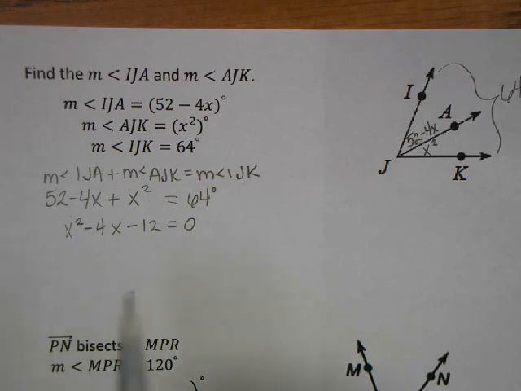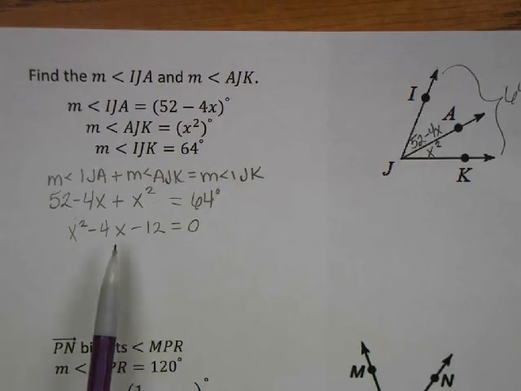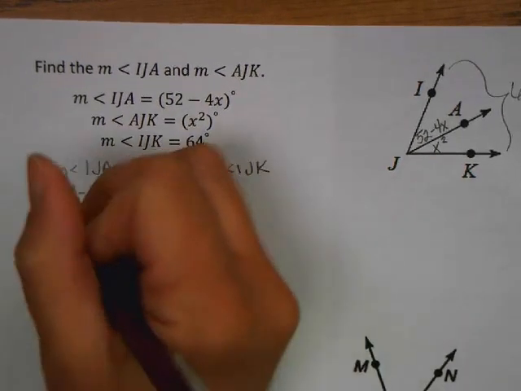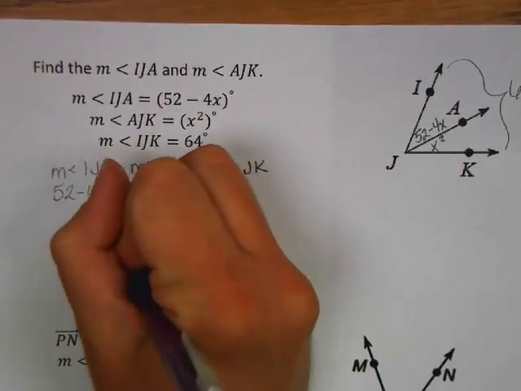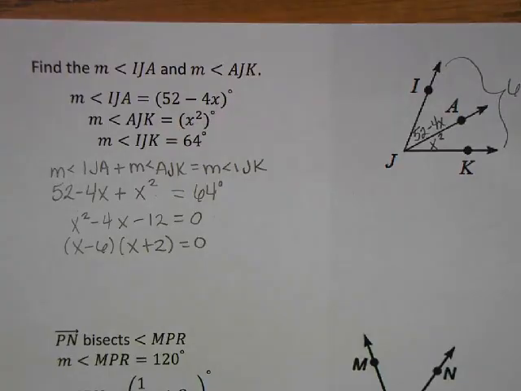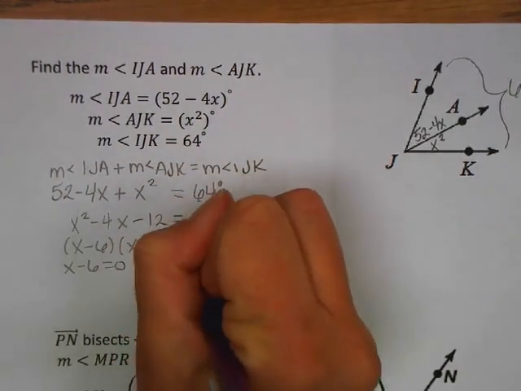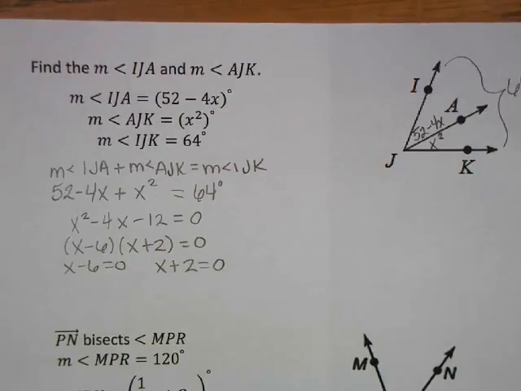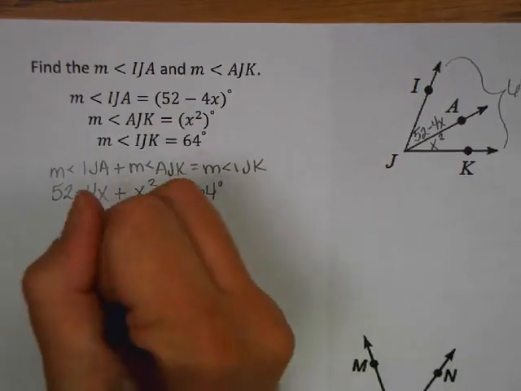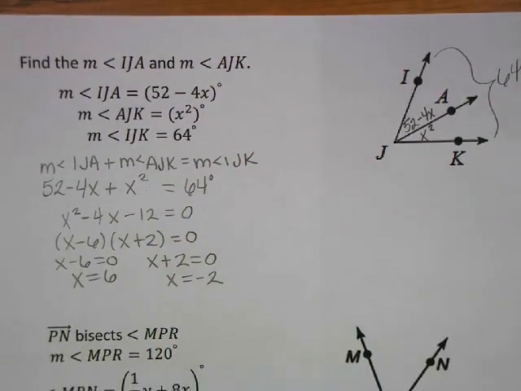I'm just going to factor it quickly because I know that -6 and +2 multiply and give me -12 and add to give me -4. So -6 and +2, so that's x minus 6, x plus 2. Set each one of these equal to 0 and solve for x. So x is 6 and -2.